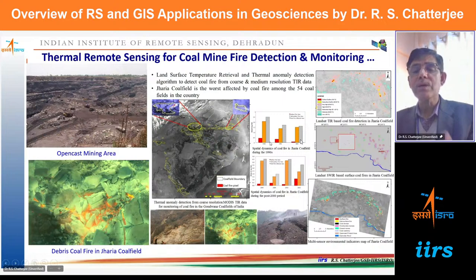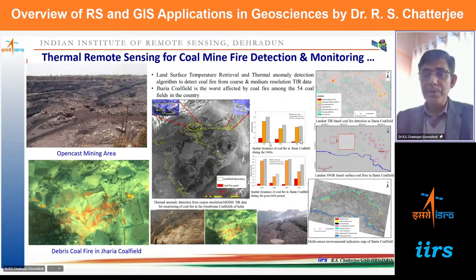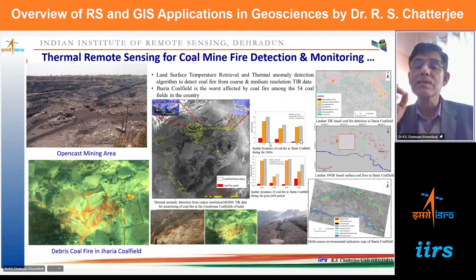And if it is a higher temperature, whether it is different from the background or not. Based on these two criteria, whether the pixel has higher temperature and whether it is different from the surrounding background pixels, we can identify this pixel as a thermally anomalous pixel and it could be a coal fire pixel. So this is how we can detect these thermally anomalous coal fire pixels.